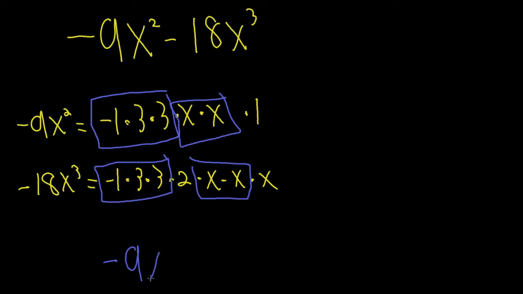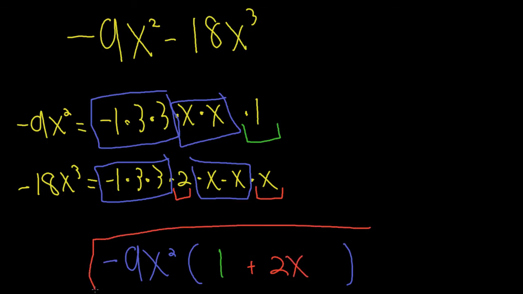X times x is x squared. Now inside the parentheses, I put whatever's left over. Well, I still see that I have my 1 left over, so I'll put 1. And then I can still see that I have a 2 times x left over here. So I'll do plus 2x. Slightly different, but this would be my final answer.